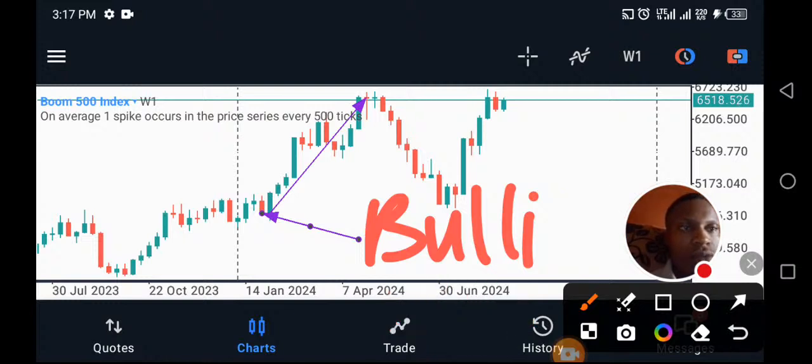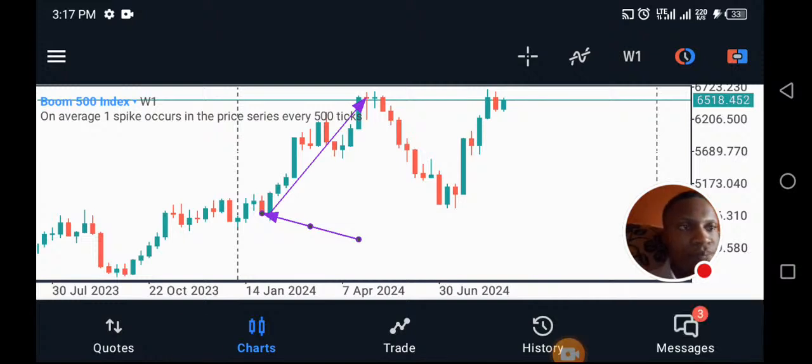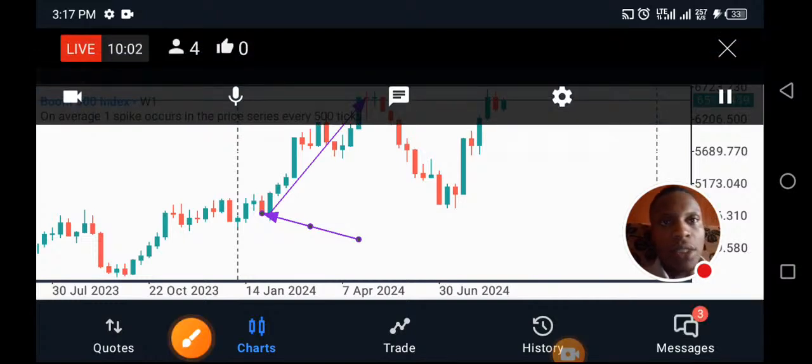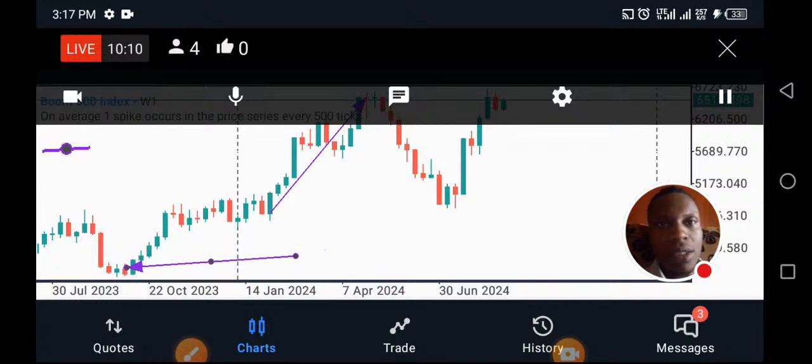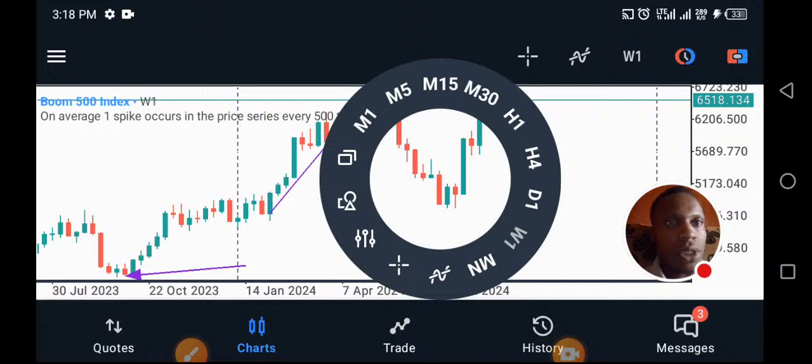And then if we look closely, we'll notice that here now we have our order block also. You can see this last sell candle here. This was the last sell candle that we have here before the market started buying upward again.